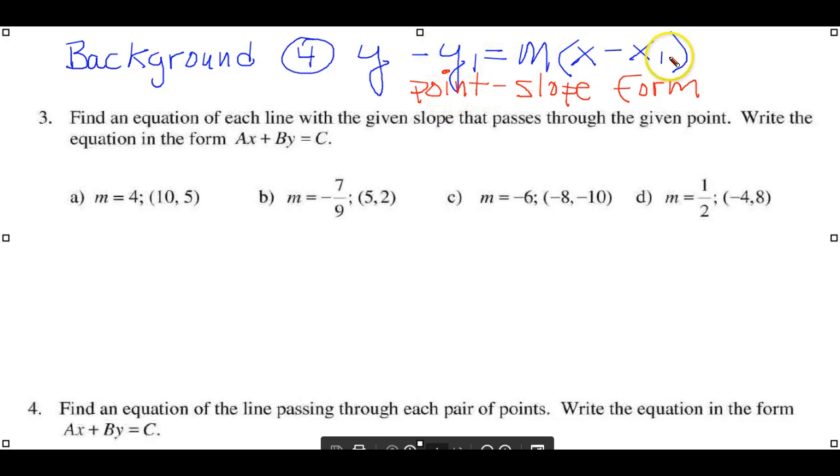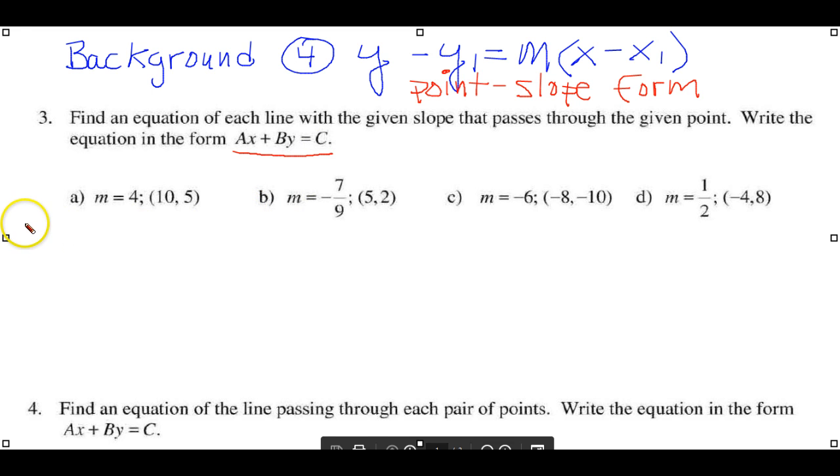So one point and the slope. And if we substitute the slope here and the one point here, we end up with an equation that we can then put into standard form. So I'll model one of these and then let you try some.